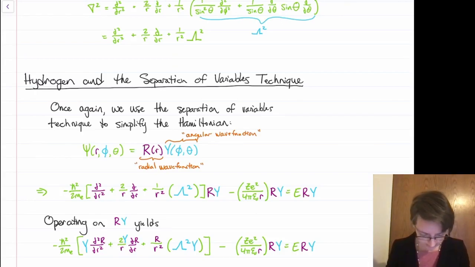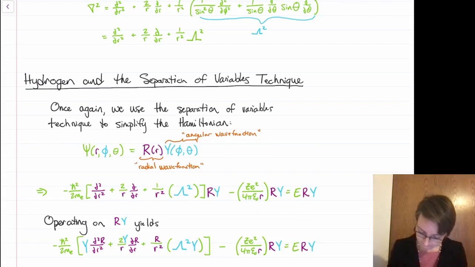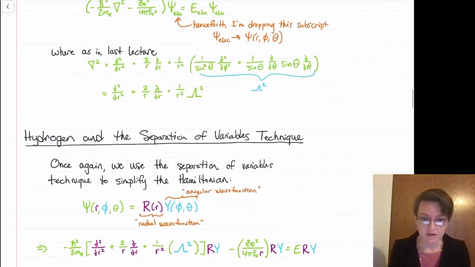And just like last time, this algebra is lengthy, and I'm going to try and color code it so that we can see once again how this separation of variables technique allows us to take terms which currently depend on products of things that depend on angles and things that depend on our radius and try and separate them out.